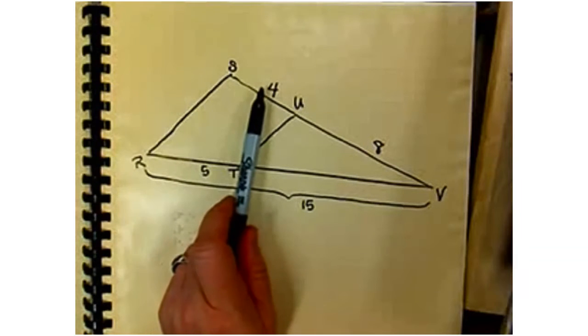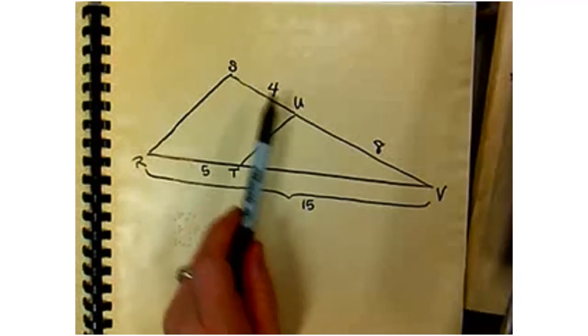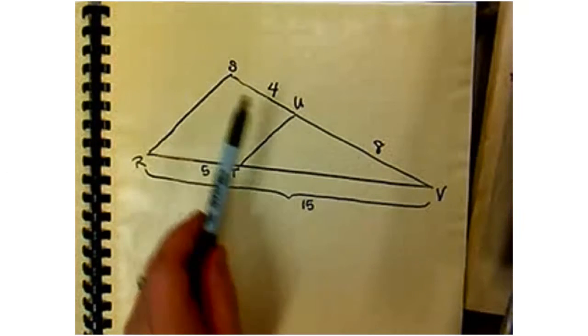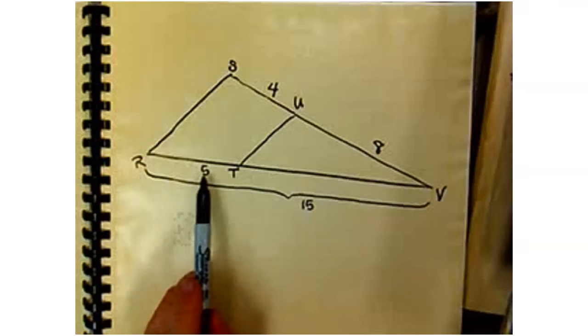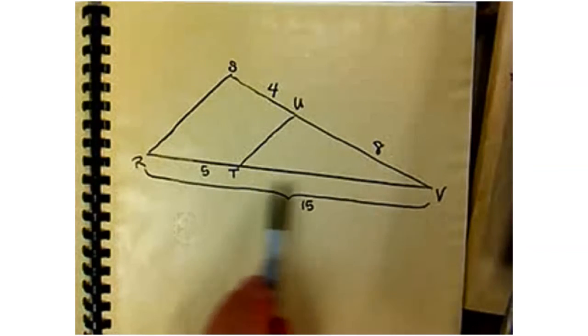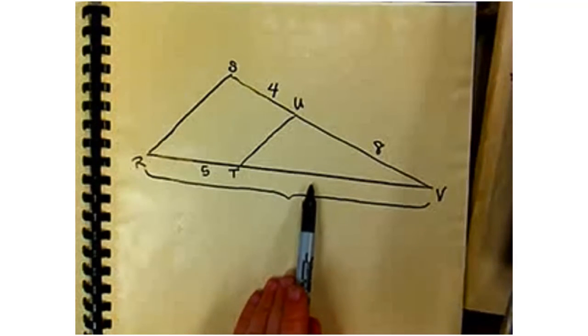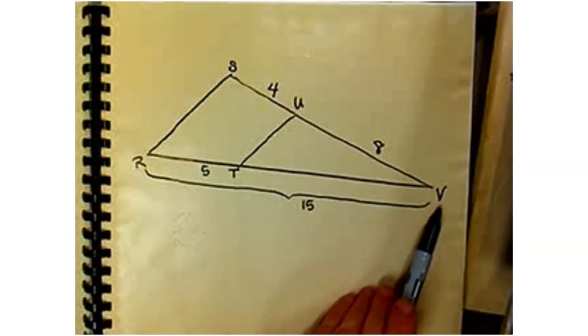I could look at SU, which is 4, compared to UV, which is 8. I could set up a fraction 4 to 8. And then I could look at RT as 5, and then I could figure out what TV is. Now, they don't tell me what segment TV is, but they do tell me the entire side is 15.